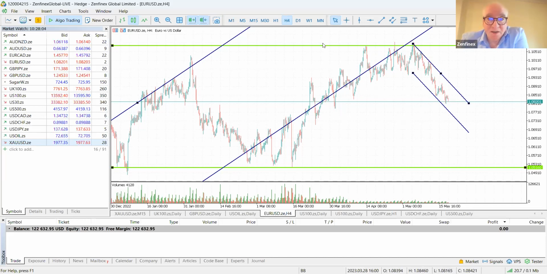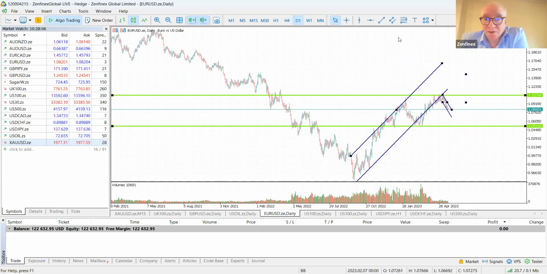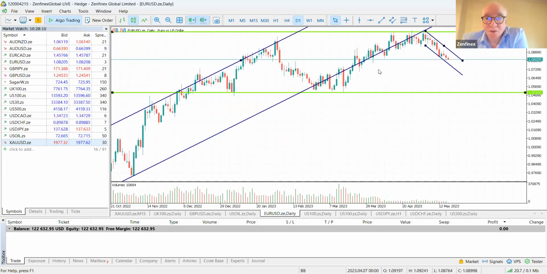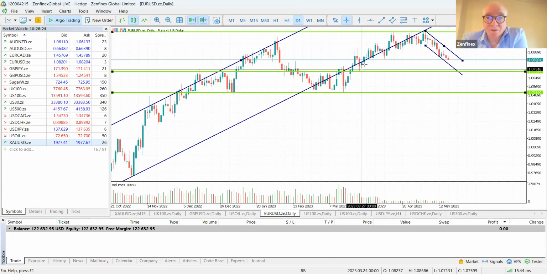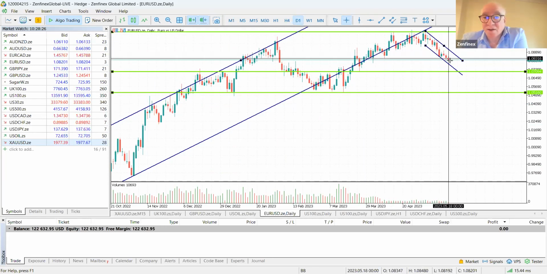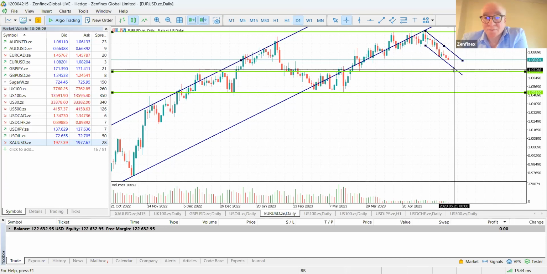And what we can see here, and I'll put them on a daily perspective first, and then we'll go to the 4-hourly, we can see we've got a number of levels that this downward channel will have to contend with. So this move up came back down, and it's likely that it'll come and retest it.